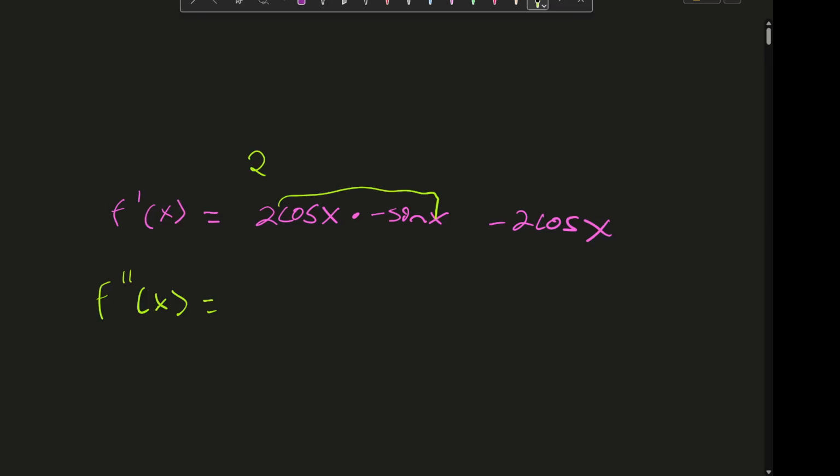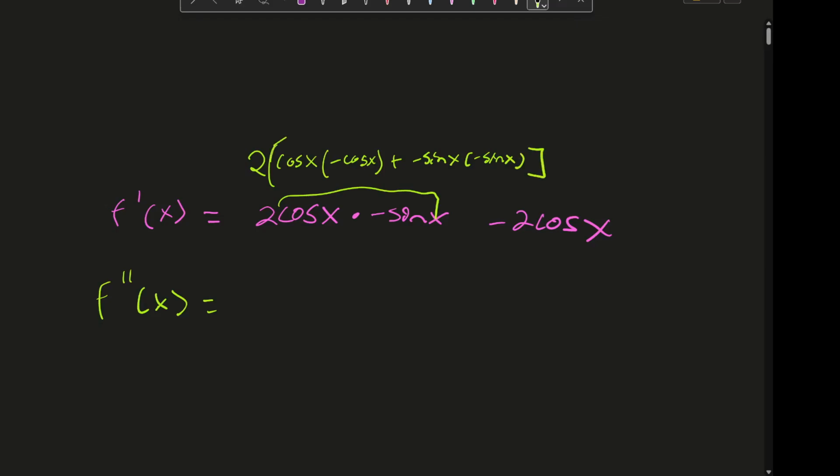2 times, let's see, product rule. Cosine x times the derivative, negative cosine x, plus negative sine x times negative sine x.